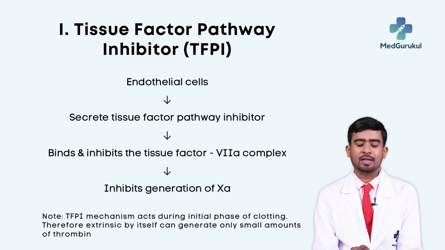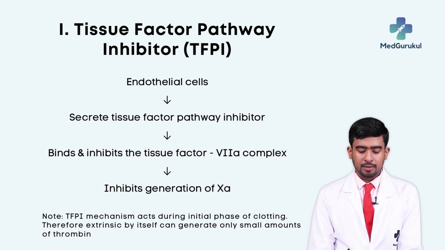So, the function of TFPI or tissue factor pathway inhibitor is it inhibits the tissue factor 7A complex, that is, it inhibits the first step in extrinsic pathway of coagulation, and thereby it further inhibits the generation of 10A, because we have already seen that the last step of this extrinsic pathway is the activation of 10A and further on the activation of fibrinogen. So, as it is inhibiting tissue factor and factor 7, further on it will inhibit factor 10 also.